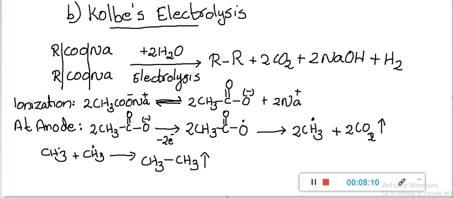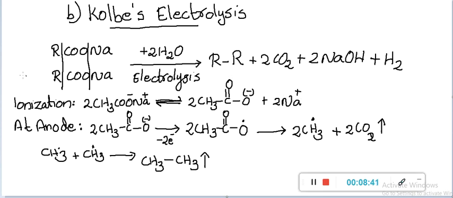What is the mechanism of Kolbe electrolysis? The first step is ionization. We know that sodium acetate ionizes into acetate anion and Na plus.